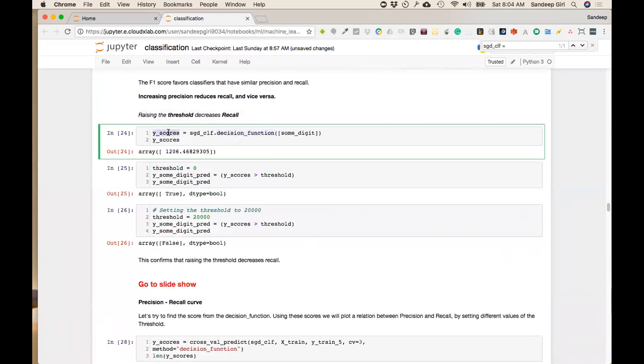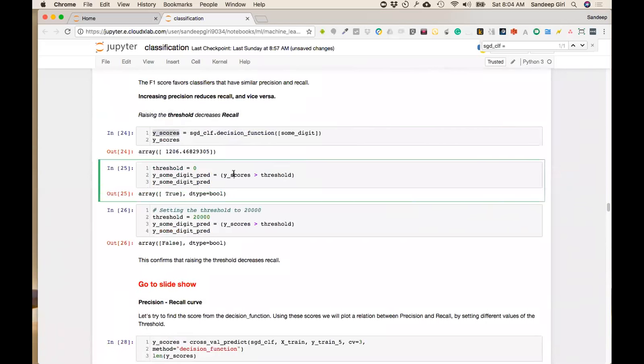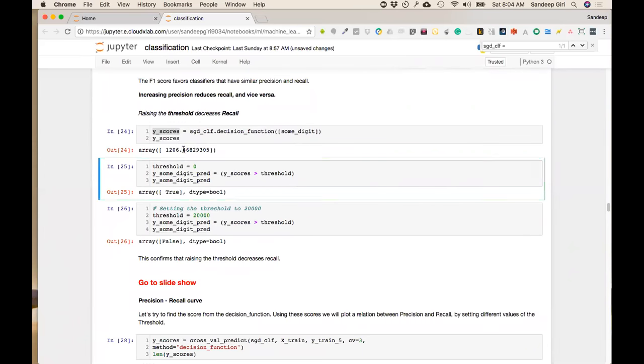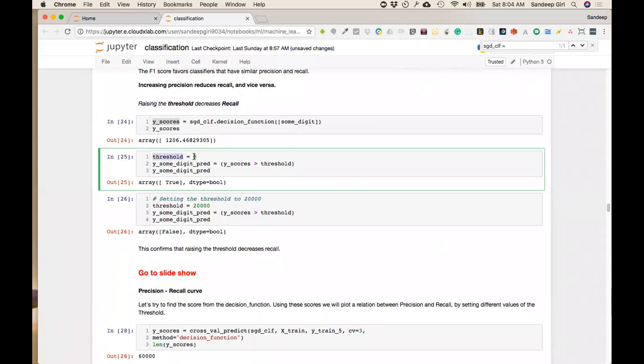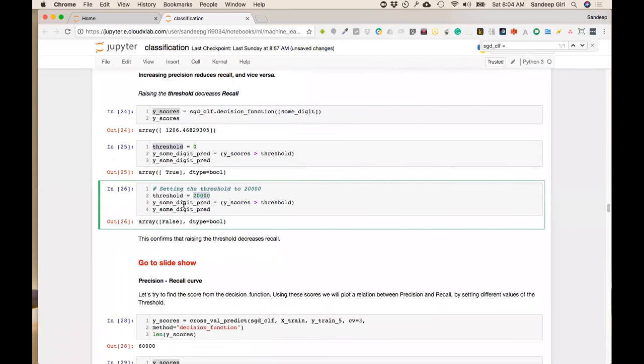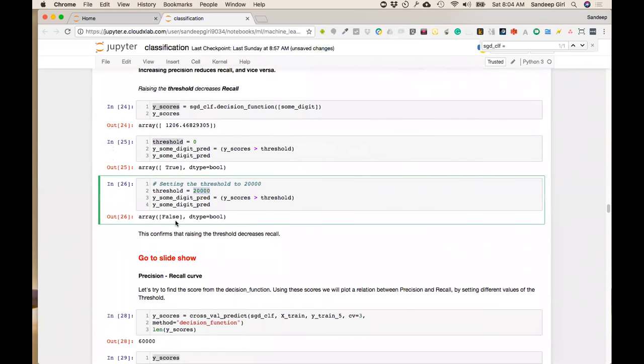We checked the score of each digit, then we moved ahead and compared this with a particular threshold. If the threshold is lower, it is classified as true. If we keep increasing the threshold, it will not be classified as true, as in it will not be considered as 5.